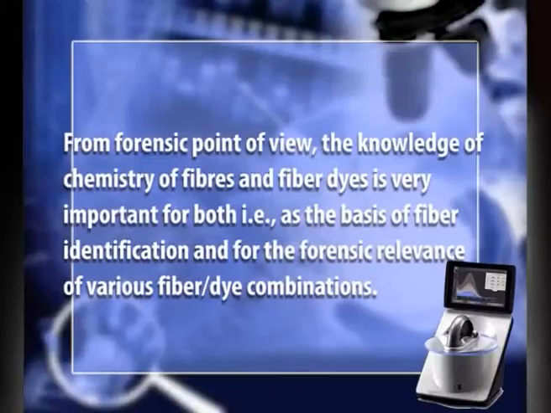From a forensic point of view, the knowledge of the chemistry of fibers and fiber dyes is very important, both for the basis of fiber identification and for the forensic relevance of the various fiber dye combinations.